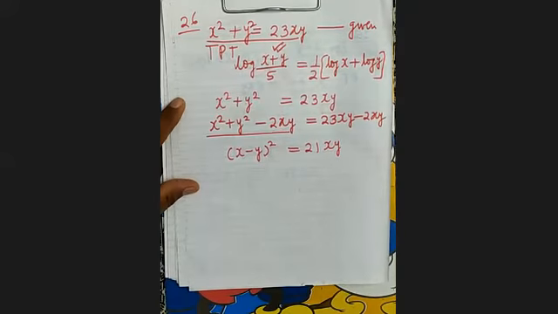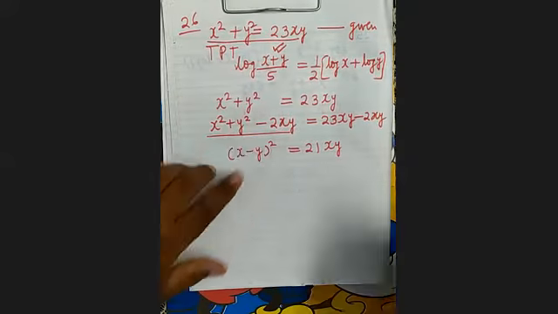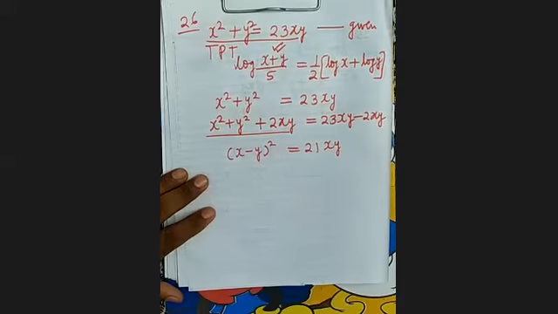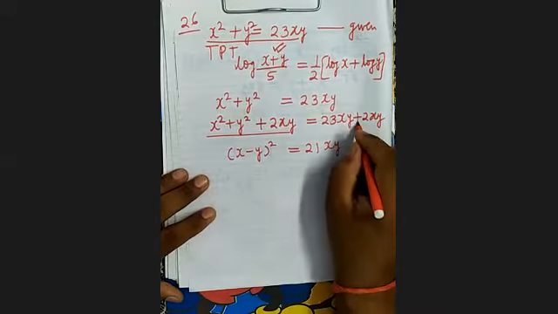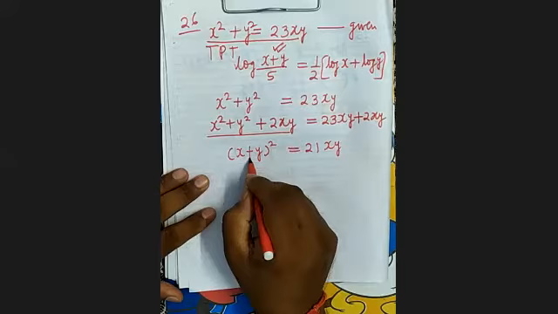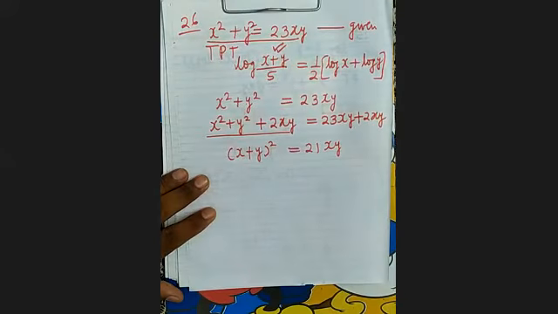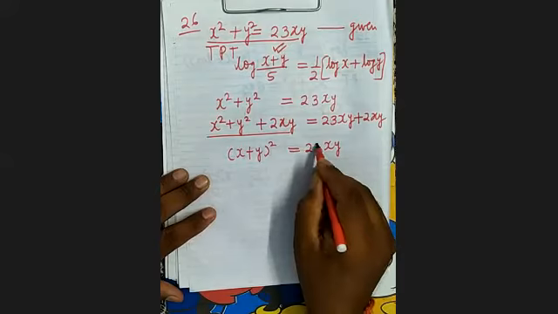Therefore, what will you do? You will add. You will not subtract. Here you will add. When you add, these three terms will become whole square of x plus y, and this will become 25xy.